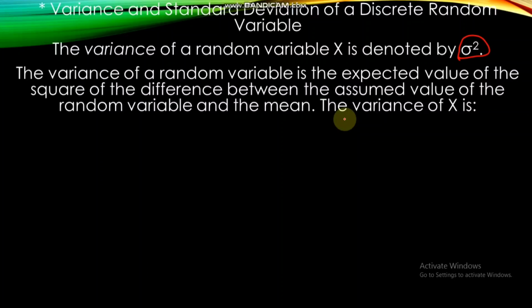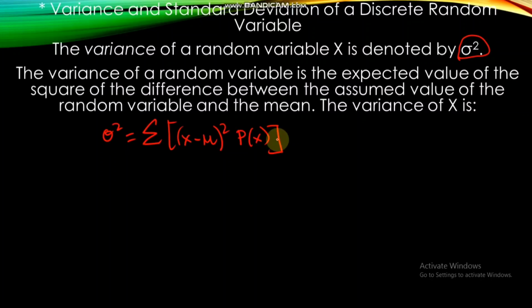The variance of x: what is the variance of x? So the formula is sigma squared equals the total sum of the quantity of x subtract the value of the mean of the population, squared, times p of x.